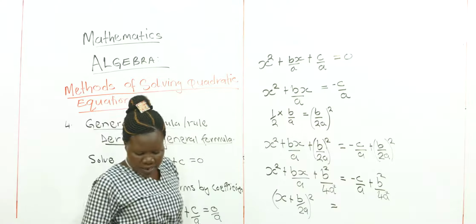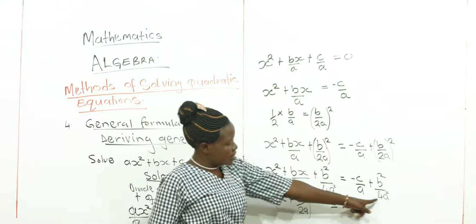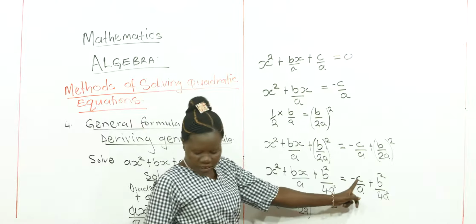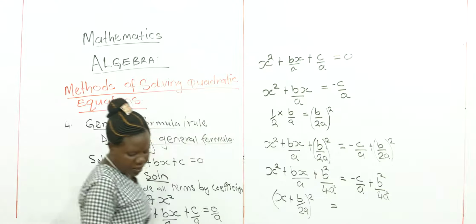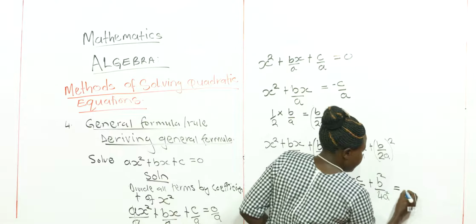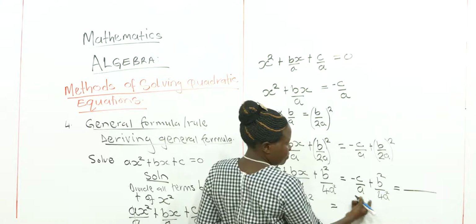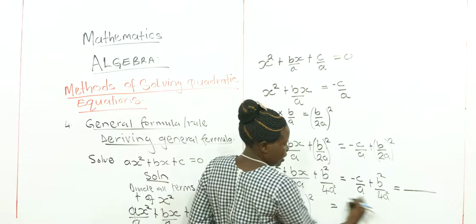equals to, now for this case, we have to simplify this part here, which will now give us what? The LCM, because we have the denominators here which are the same.